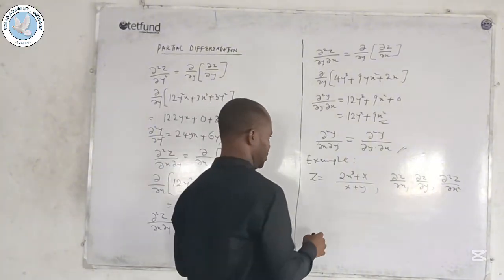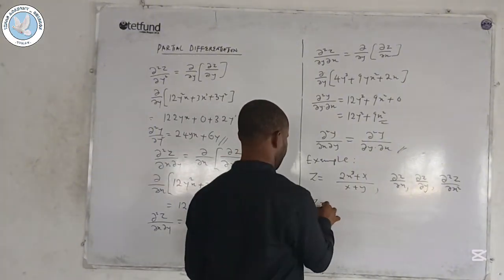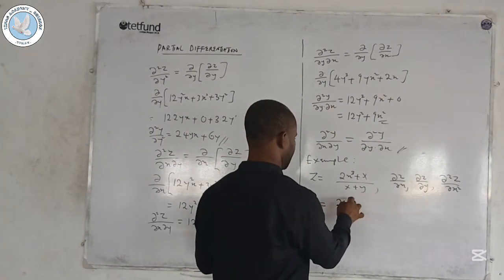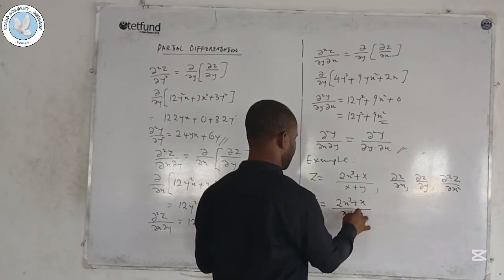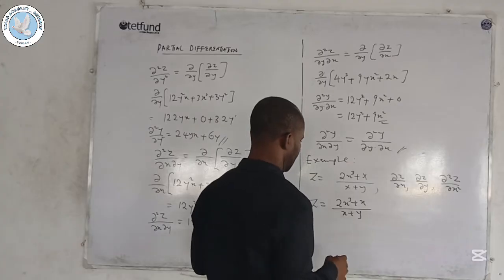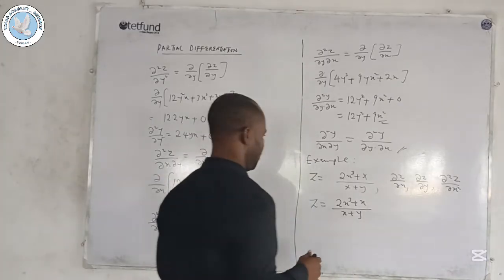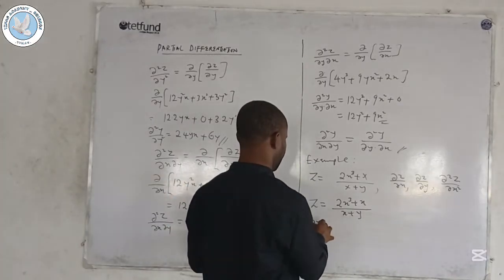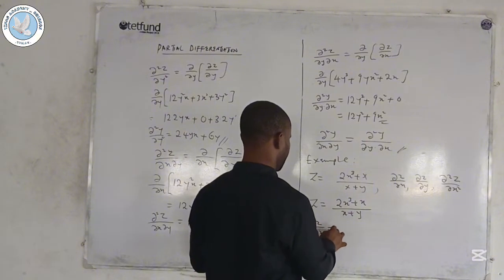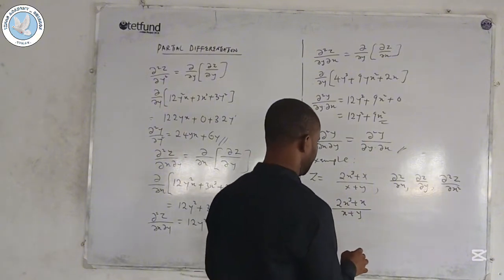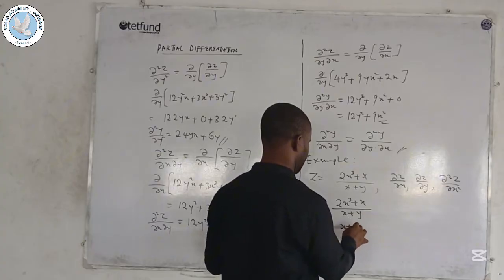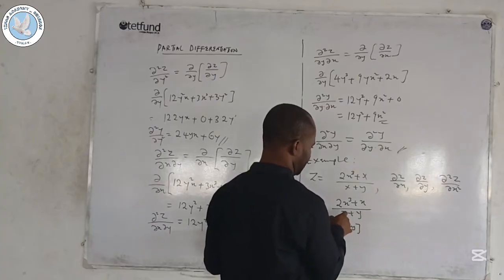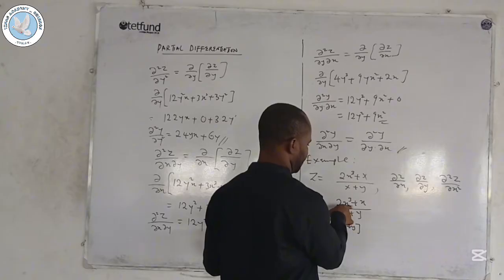We are given this to be 2 plus x divided by this. With respect to x, we are going to use the quotient rule, where we multiply this by x plus y and differentiate this with respect to x.